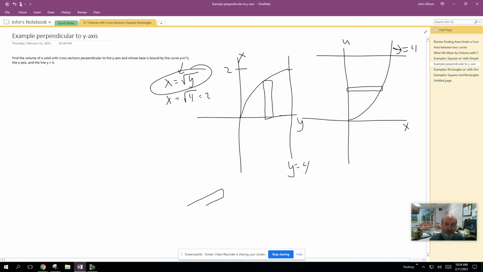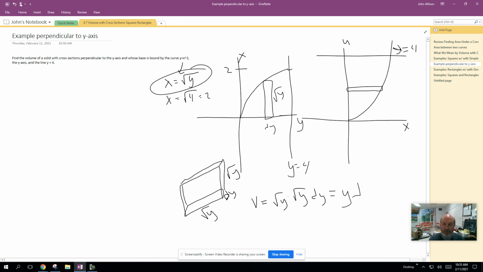So if this is the base, again, not necessarily to scale, the width is always, this time, dy, the change in y. The height here is the square root of y. And since it's a square cross section, the other side is also the square root of y. So the volume of one of those cross sections is the square root of y times the square root of y times dy, which equals y dy.